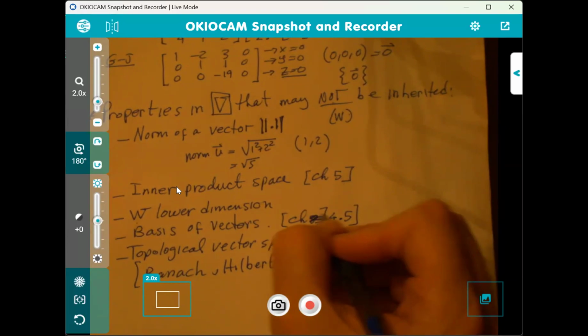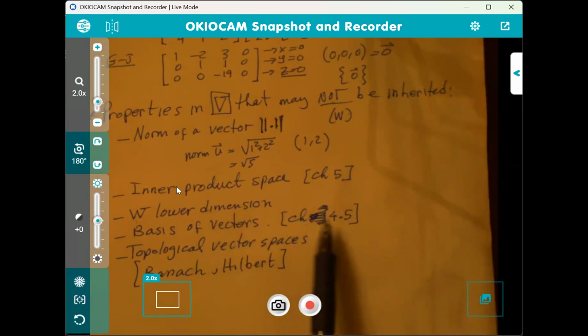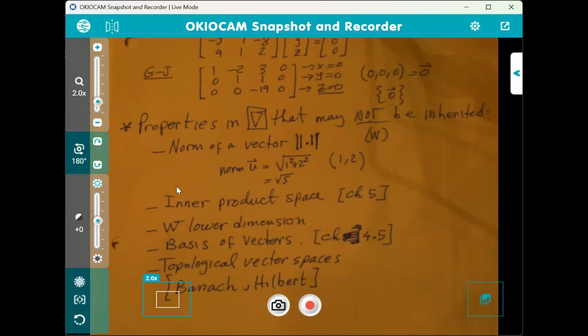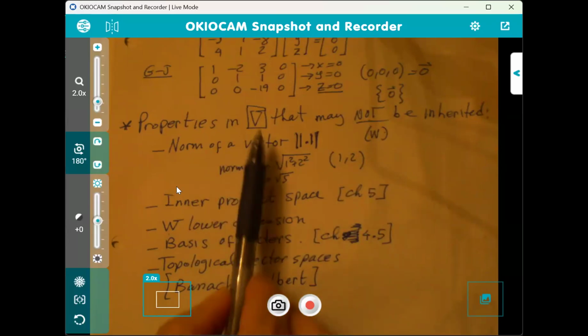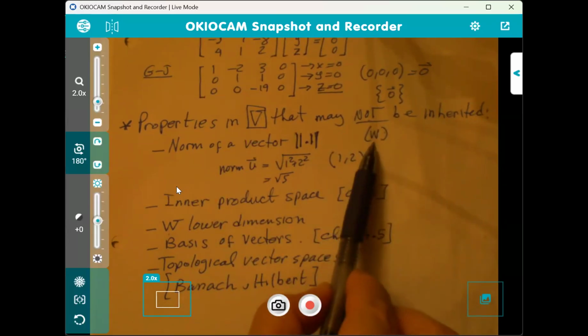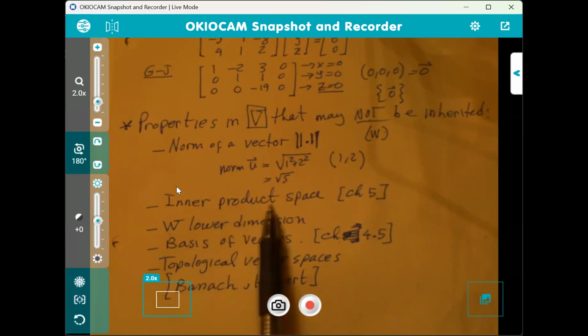So we'll look at that. I'll do the video on that. Remember, next week we don't have class, but I'll do a video on that. So these are just the things I want to show you, that what is not inherited. So operations that are specific to vector space V may not be inherited in W. So if they ask, well, is this operation, for instance, in W, we have to show that it is. Okay.